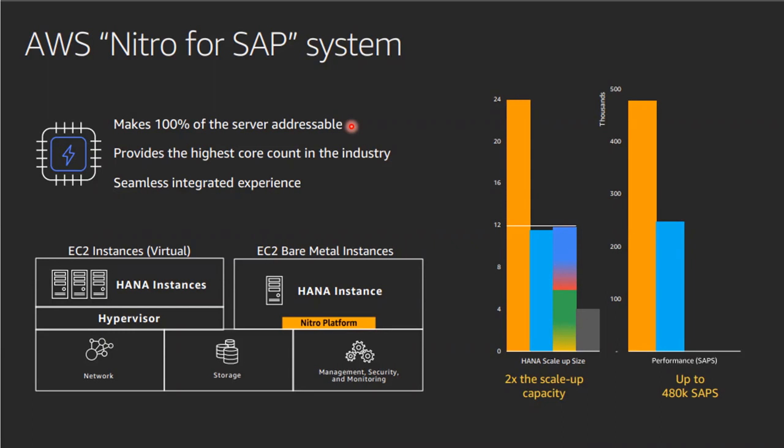Especially for EC2 bare metal instances, the HANA instance can make use of these underlying physical resources directly, and you'll not feel the virtualization layer underlying it. So you'll get the best performance, especially for your SAP workload.